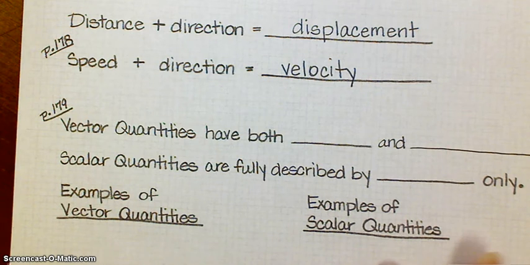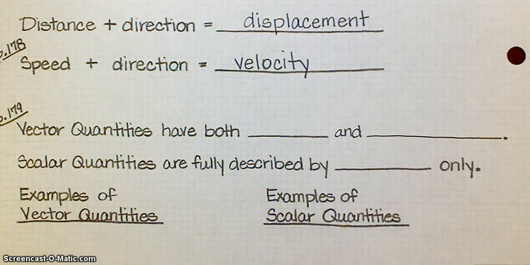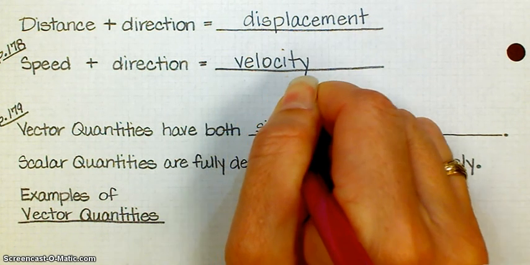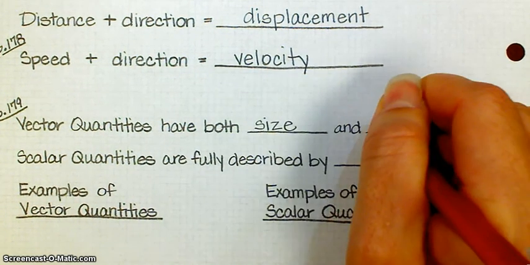Okay, now we need to understand the difference between something called vector quantities and scalar quantities. And your book doesn't even really talk about scalar quantities much at all, I don't think. Vector quantities have to have two things. What are they? Yep. Both a size and a direction.